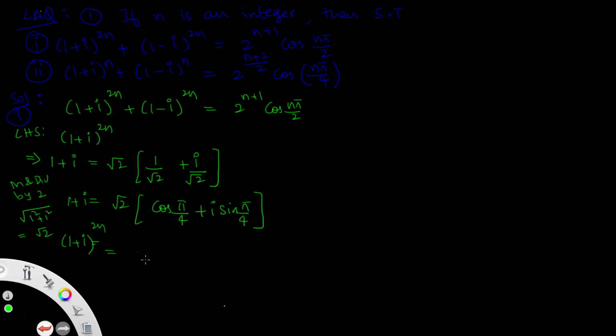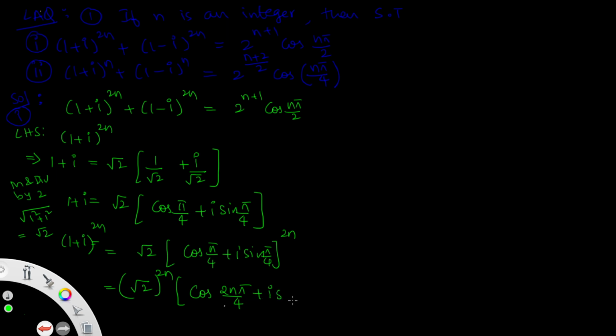So that is root 2 into (cos pi by 4 plus i sin pi by 4) whole to the power of 2n. Now write it as root 2 power 2n into cos of 2n into pi by 4 plus i sin 2n into pi by 4, that is in the bracket form.